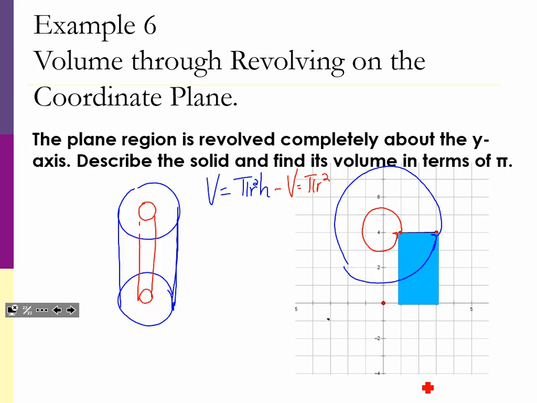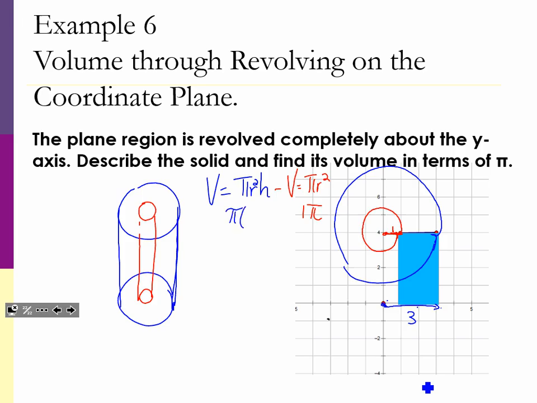Pi r squared. Now, the thing you have to ask yourself is, what would be the radius of the smaller one? The distance from the center here would be 1. So this would just be 1 pi, because 1 squared is just 1. But the radius for the larger would be 3, from the axis, because our axis of symmetry is the y-axis.